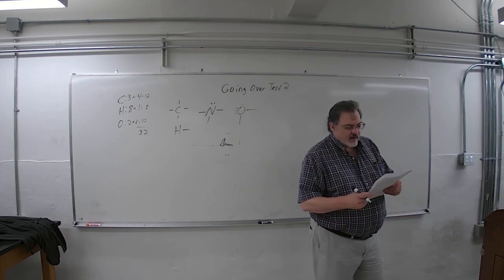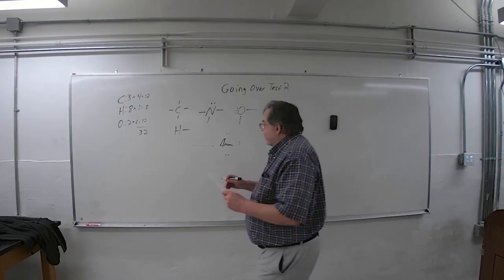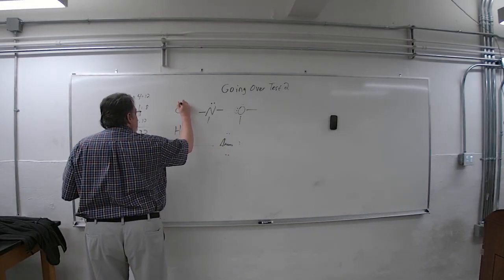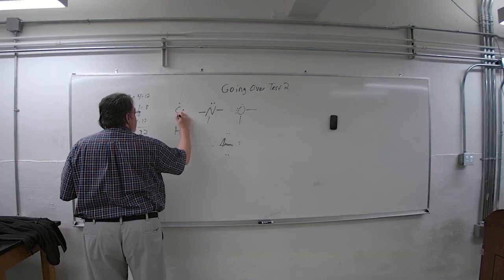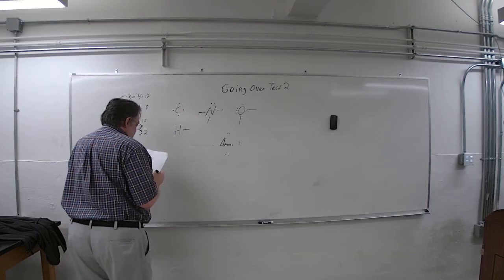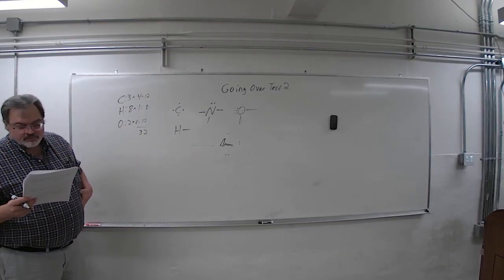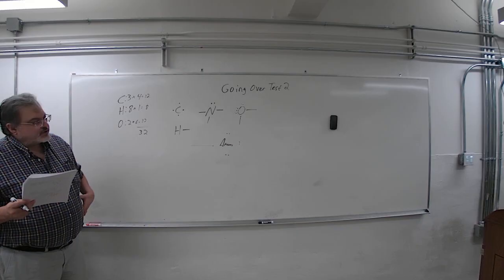All right, number 5. Lewis structure for carbon. 1, 2, 3, 4. Which is D. Everybody good? Lewis structure for sulfur.